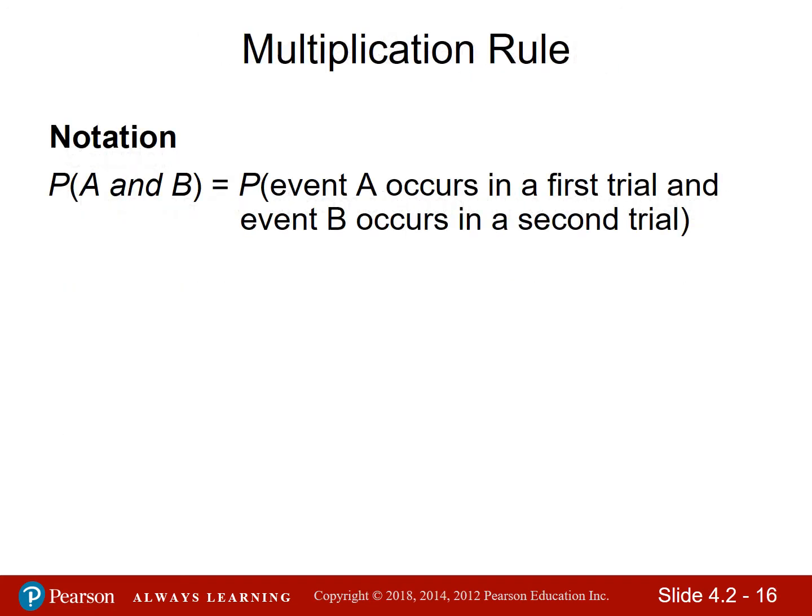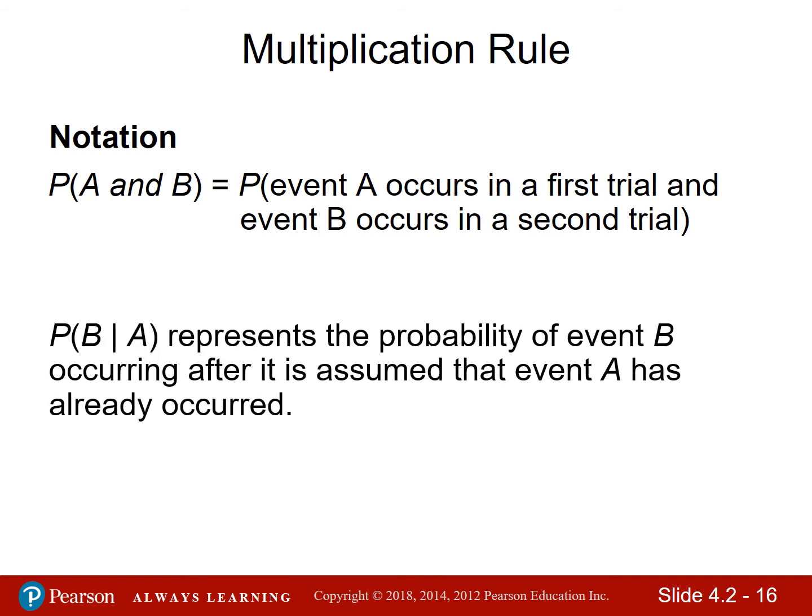All right. Now, in addition, the multiplication rule. P of A and B: event A occurs in the first trial. So again, the first event that's shown first, we deal with that first. We cannot say P of A and B equals P of B and A. It's not always that. Sometimes they could be equal, but for the most part, you follow the order: event A occurs first, then event B occurs in the second trial.